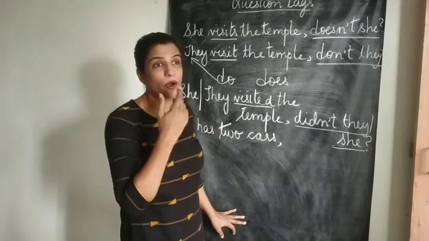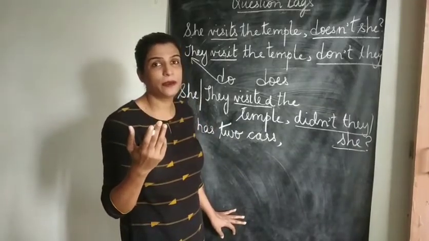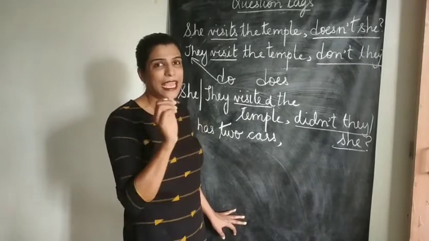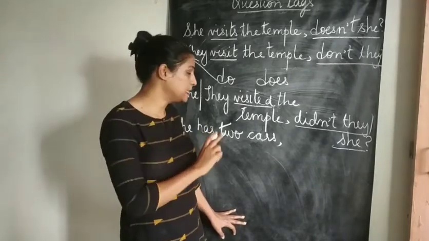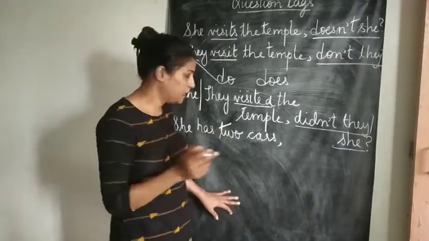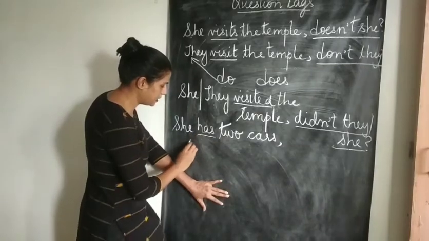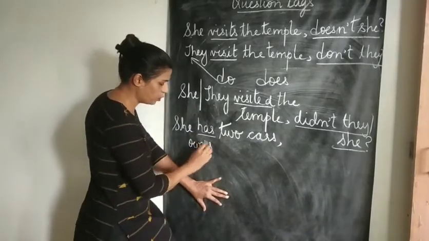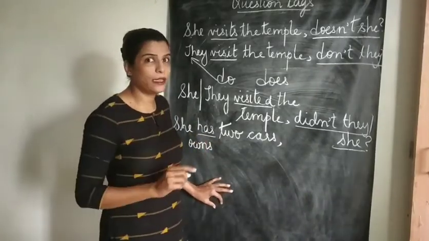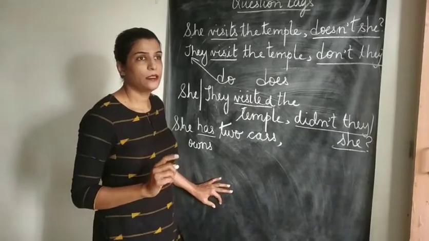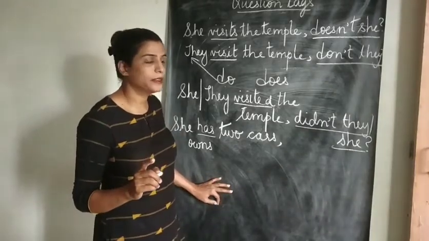I don't have a combination of any verb with it. I'm just saying she has 2 cars. That means she owns them. Here the word has says she owns it. And if you own it, then it's not a helping verb over here.